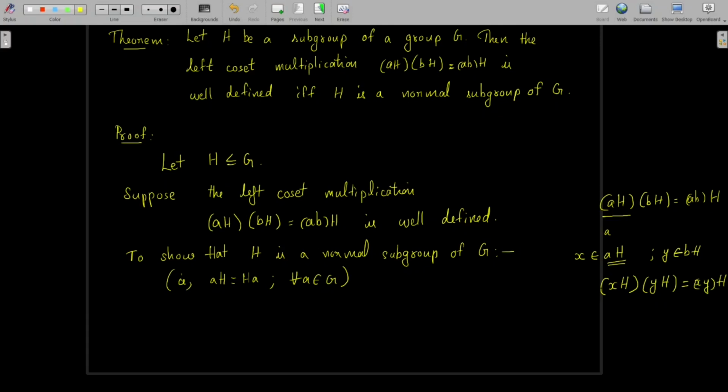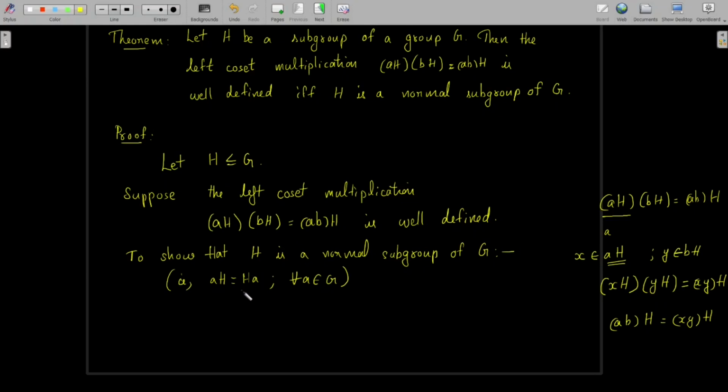Here the operation is well defined means that abH is equal to xyH. That is, if you take any element from the coset aH and any element from the coset bH, then the product becomes an element in abH. That is what we mean by the operation being well defined.